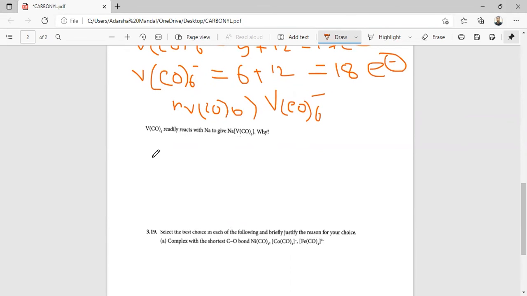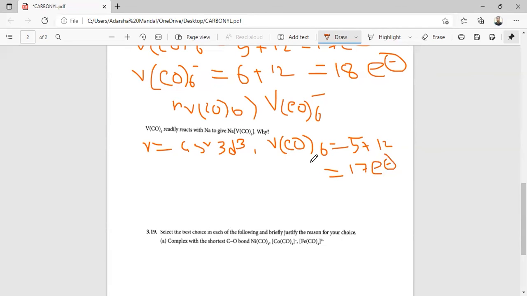So the next question is: V(CO)6 readily reacts with sodium to give Na[V(CO)6]. Why? V is a group 5 element, so its electronic configuration is 4s2 3d3. So V(CO)6 has a total of 5 plus 12, that is 17 electrons.